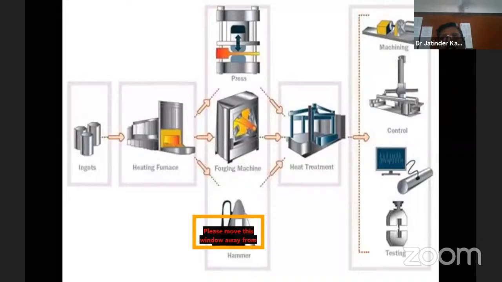Then that becomes brittle. If you put the metallic component in oil, that is not brittle, right? Properties are refined in that. If you allow it to cool in the atmosphere, again the properties are good, so it will not become brittle. That is the effect of heat treatment. The various processes in heat treatment are annealing, hardening, tempering, right?